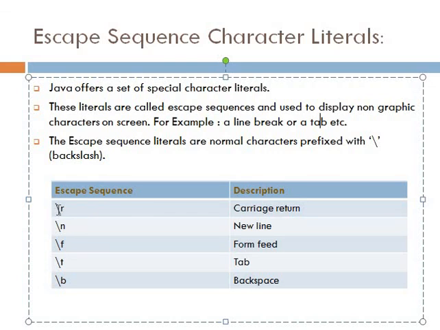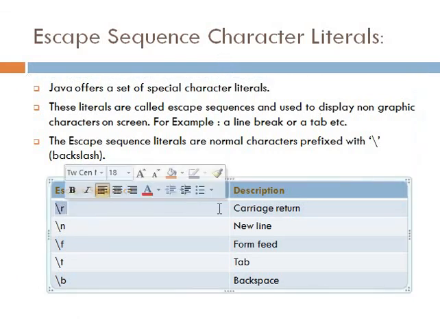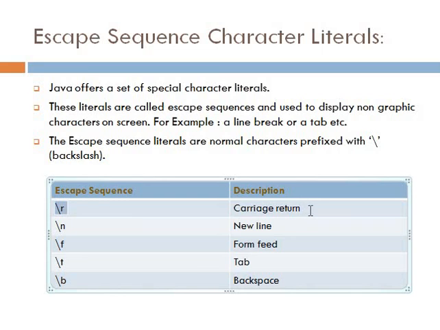The first escape sequence is \r, which denotes the carriage return. Carriage return is the escape sequence used to set the position to the beginning of a line or a text. The next escape sequence is \n, which denotes new line. New line marks the end of the current line and sets the position to the beginning of the next line.